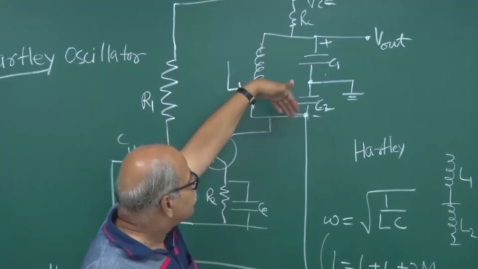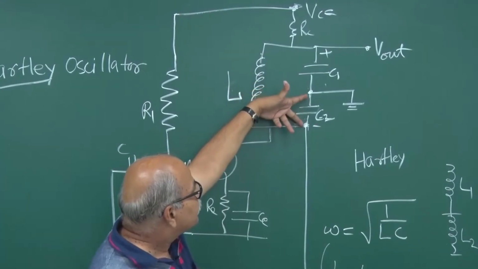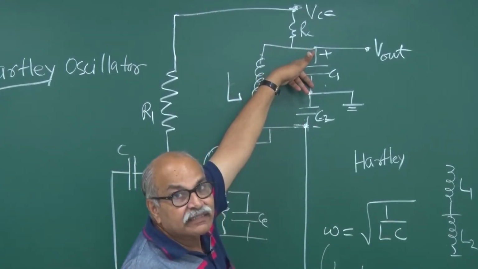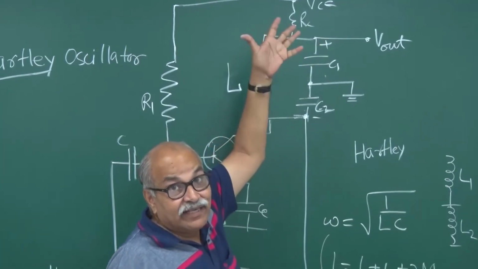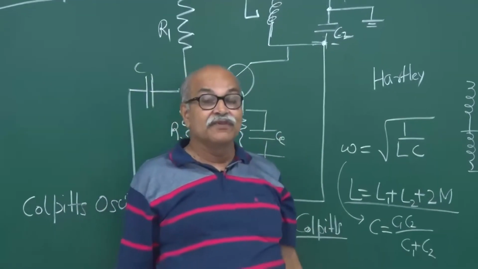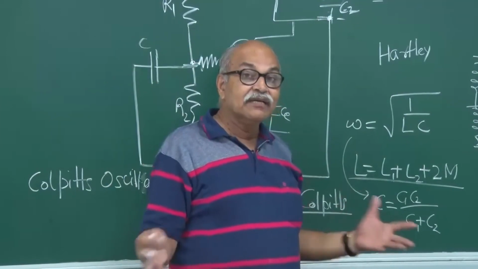Once again, they are series connections, so depending on what the reactances are, that fraction of voltage will be here and that fraction of voltage will be there. These are all AC things that we are talking about, so when you use 1 over C omega, L omega, those things will be operative.